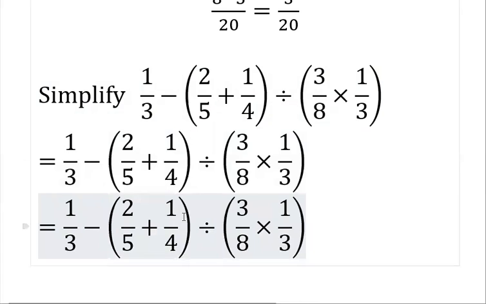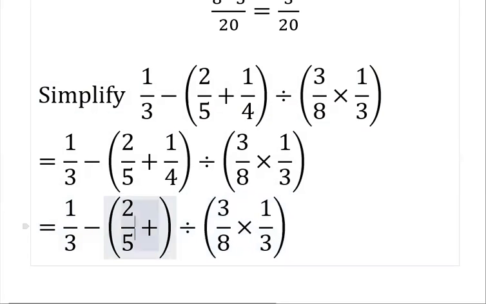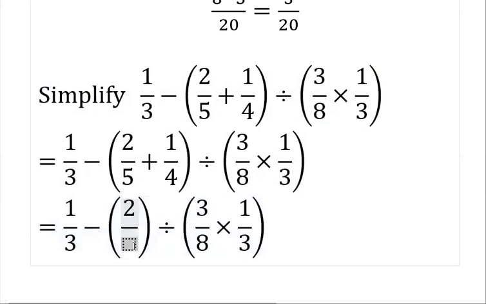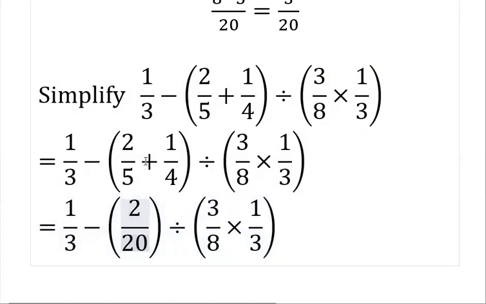So we look for the LCM of 5 and 4. We operate using the bracket first. LCM of 5 and 4 is 20. So we change this to 20. Awesome. Don't forget, we are operating those in the bracket first. That is the first from the acronym of BODMAS.